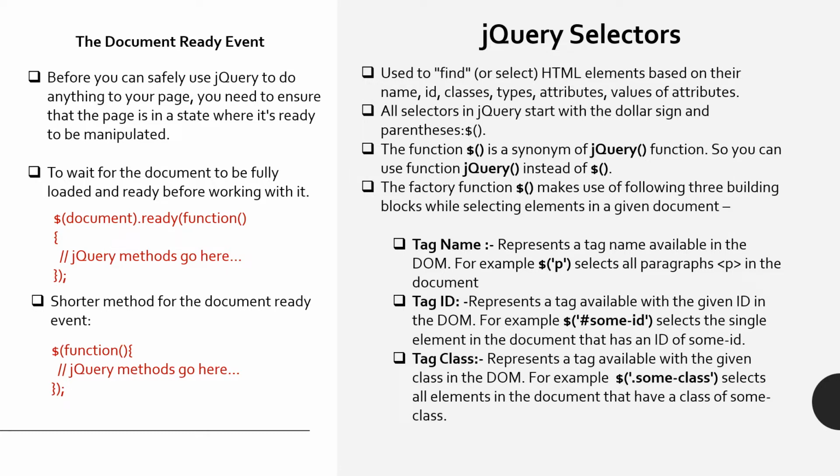Let's see how we can check this. The statement for checking the document for manipulation is called the document ready event. You need to specify the function like this: dollar, within brackets document, dot ready, then function of.